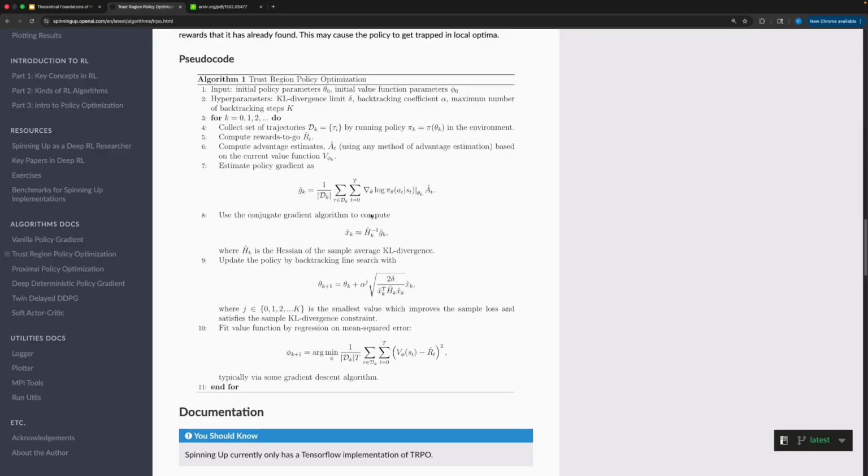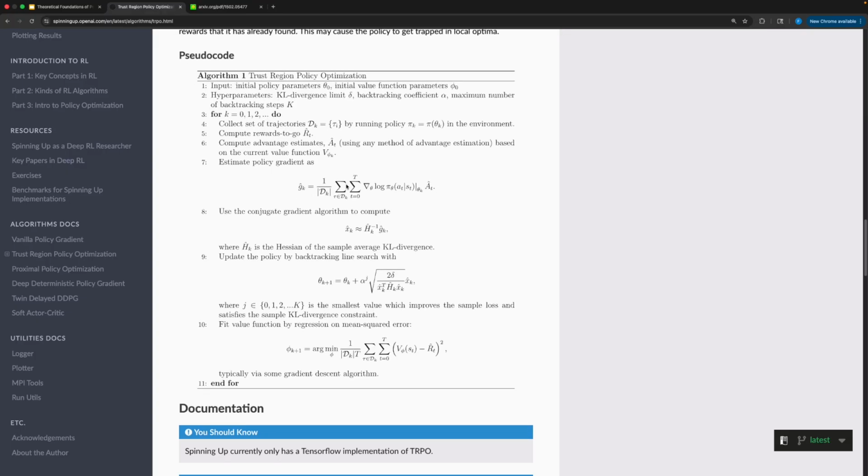So now the policy gradient is just the derivative of that objective, which is equal to the gradient of the log of the policy, times an estimator for your advantage, which we had already computed.